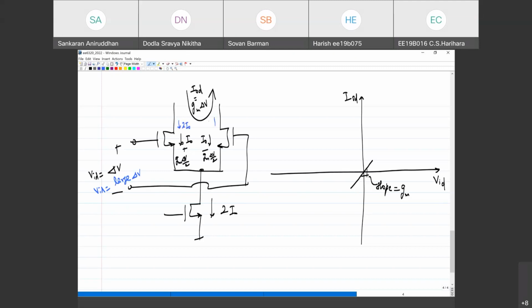I'll get 2 I naught and 0. So the maximum current for this system may be 2 I naught. Similarly, if I apply a large negative delta V, I'll basically get minus 2 I naught, right? Yes, sir.